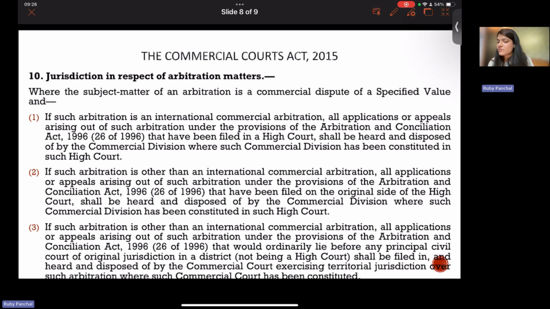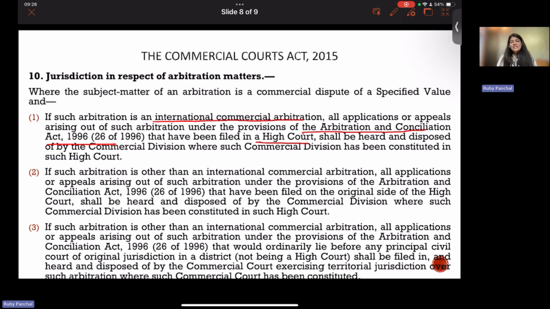And Section 10, subsection 1 provides that where the arbitration is an international commercial arbitration, all applications or appeals arising out of such arbitrations under the provisions of the A&C Act shall be filed in a High Court, and shall be heard and disposed of by the commercial division, where such commercial division has been constituted in such High Court.